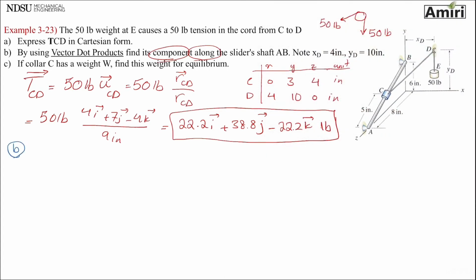So remember, we have to use the dot product of two vectors. The dot product of two vectors will result in a scalar, and that is okay because it asks us about the component, the magnitude.